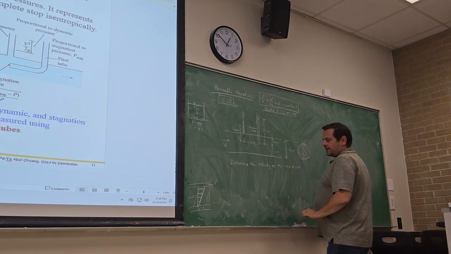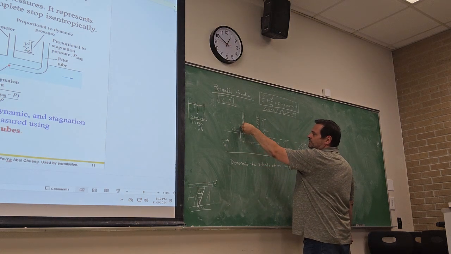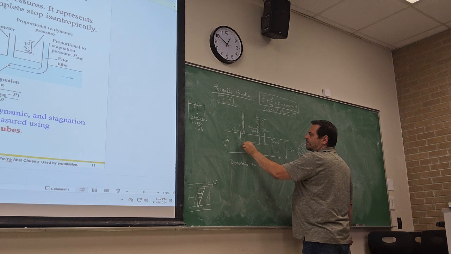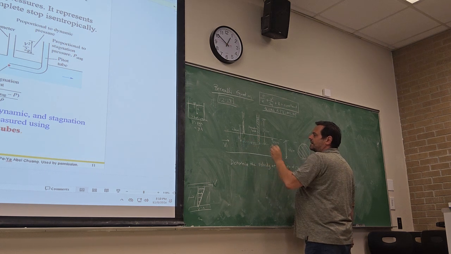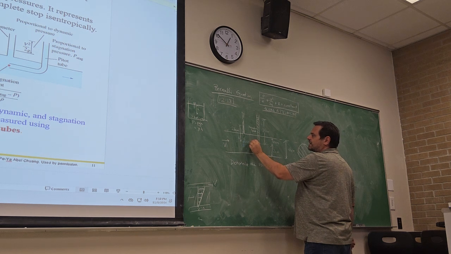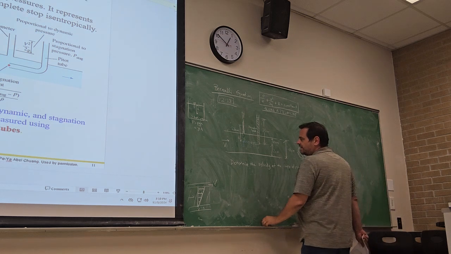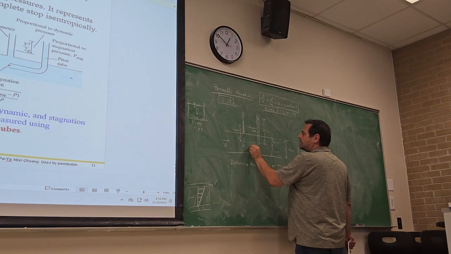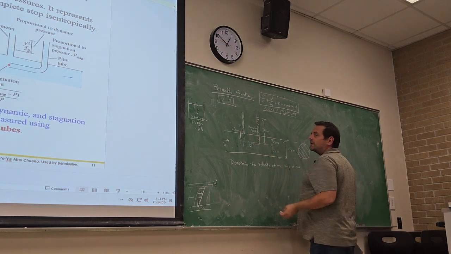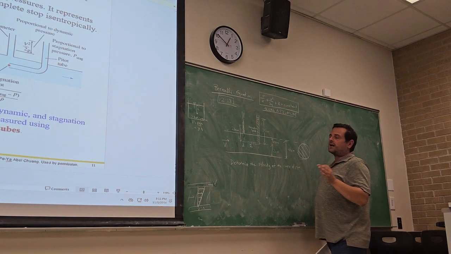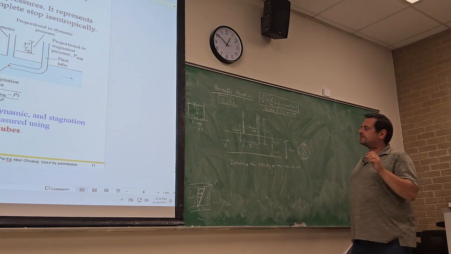So let's look at the streamline. We have this piezometer measuring something at this point. Let's call this point 1. And then you have the streamline until that streamline hits this stagnation point, which we'll call point number 2. So now we define the 2 points and we're going to apply the Bernoulli equation from 1 to 2. You can apply the Bernoulli at any point you like, as long as it's along the same streamline, right?